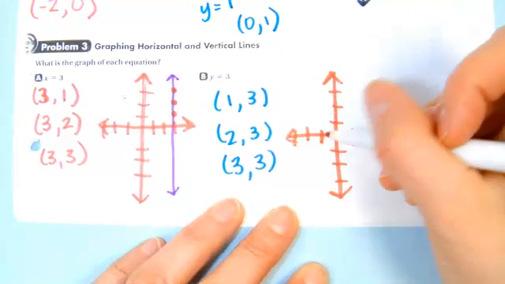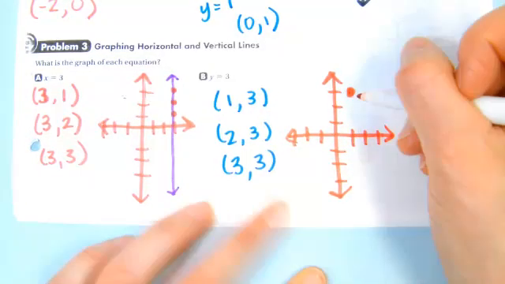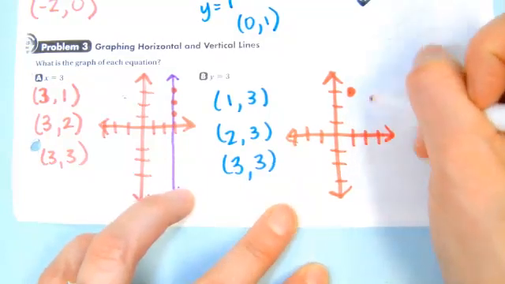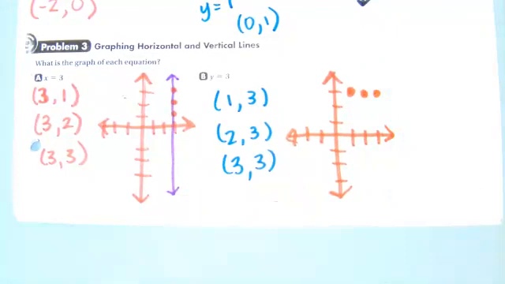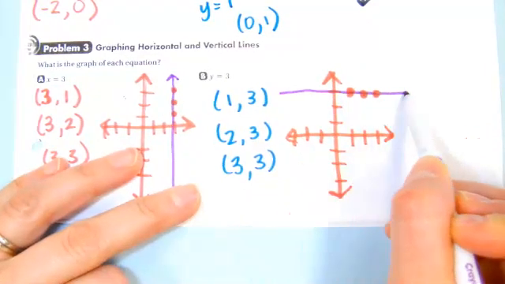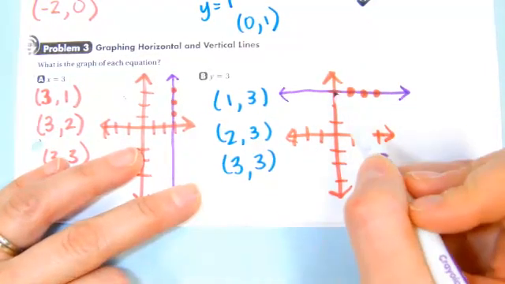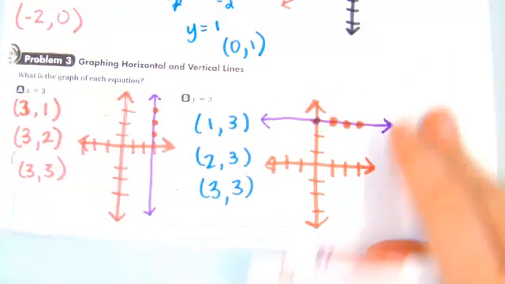All right, this time 1, 3 is right 1 up 3, right 2 up 3, right 3 up 3, and you can very clearly see that this is going to make that horizontal line at y equals 3. Y equals 3, that's our y-intercept. So far, so good? Great. All right, let's turn the page.